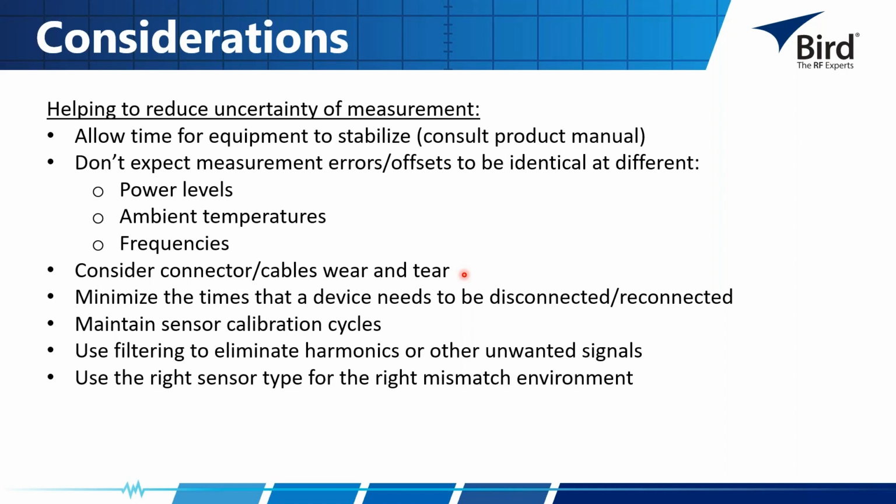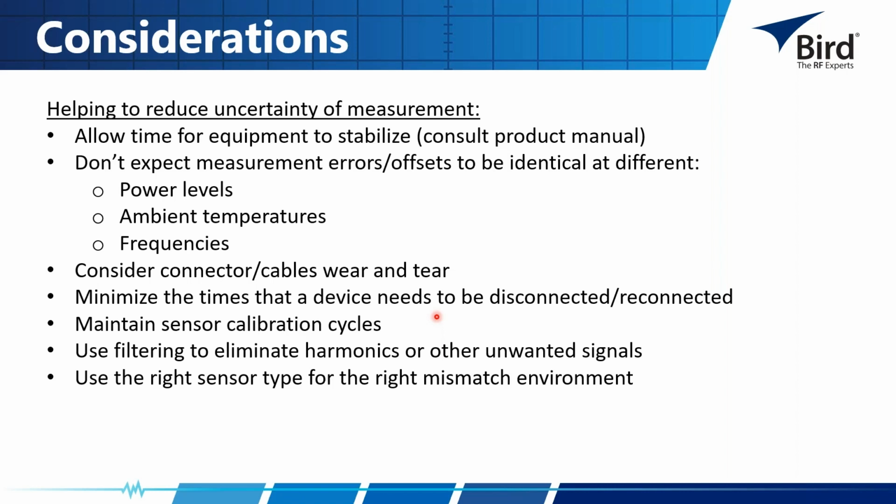If it's possible to arrange the equipment in such a way that you only have to swap in a small section rather than swapping all kinds of different pieces, that can always be good. This goes back partially to cable and connector wear and tear, but also to the repeatability component we saw in our sensors for our uncertainty budget. So again, it's the same idea: keep an eye on your repeatability.